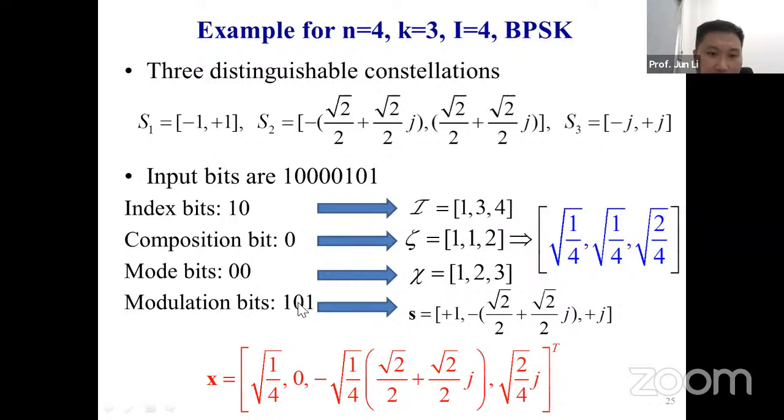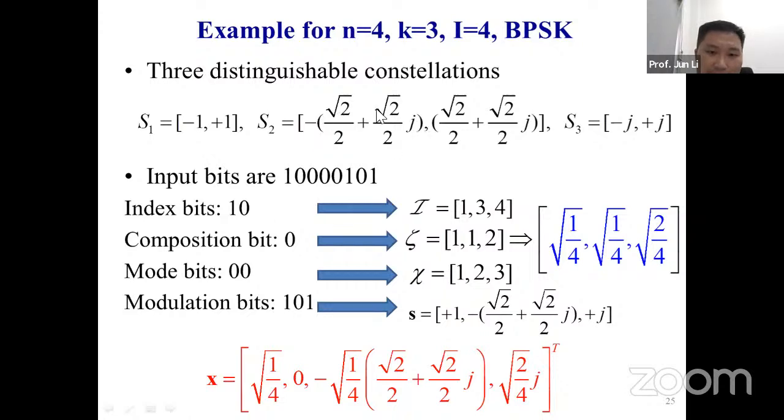Okay, the second is 0, right? The 0 means the second symbol from the S2. This is the second symbol. So we just write here 2 here, right? It's the same. I just drag this constellation here. And the last one, oh, sorry, 0 is the first one, right?